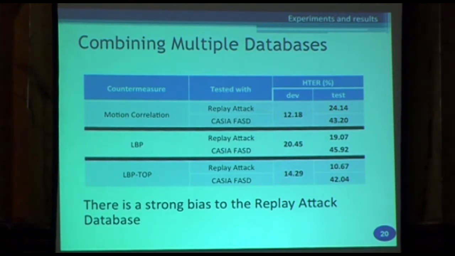So there is a strong bias to the Replay-Attack database. The countermeasures are biased to one specific database. Additionally, this technique has one disadvantage. When you try to, for example, add more attacks or a different database in this scheme, you have to train all the countermeasures again, which may be unpleasant.